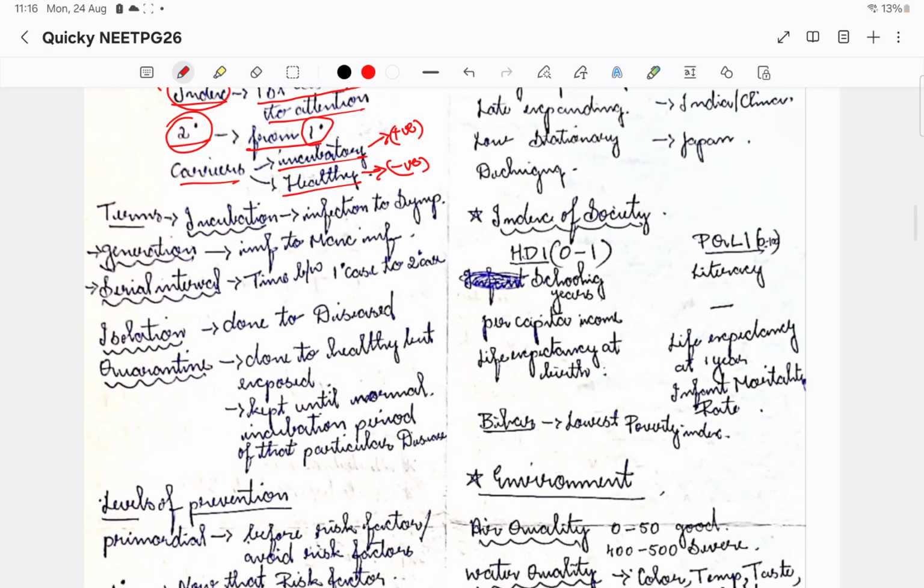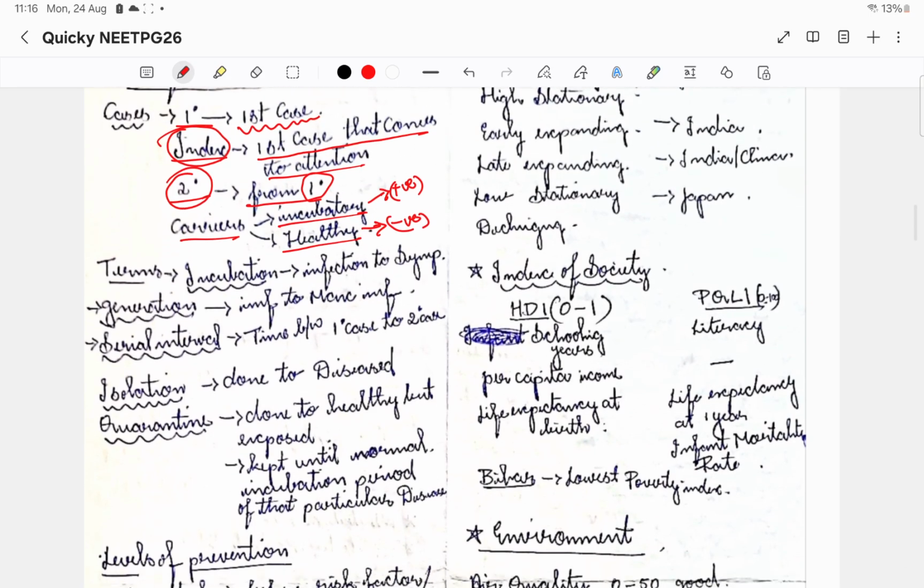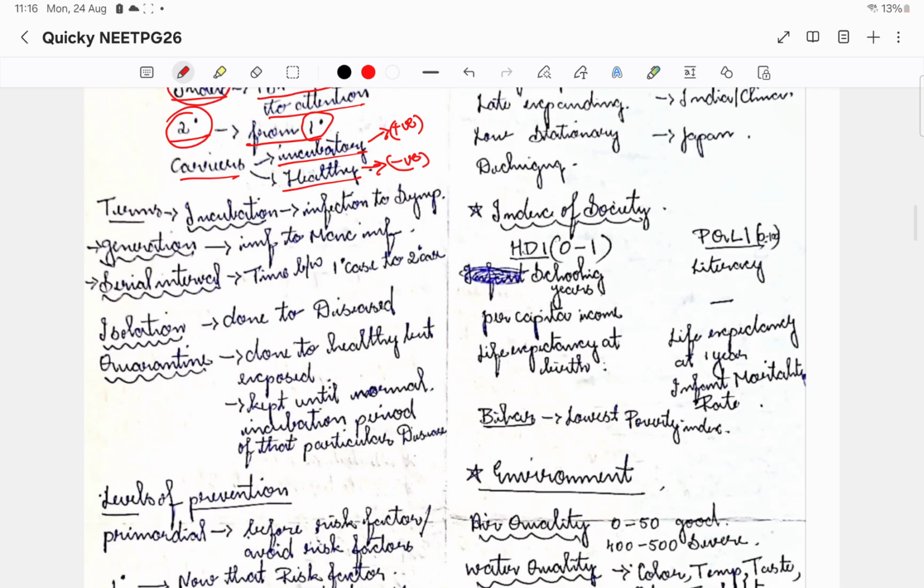Then coming to certain terms with regards to infections, there is incubation period, generation time, serial interval, isolation and quarantine. So I need you guys to remember the difference between these. These are direct questions, previous year questions, okay. So incubation means infection to symptoms, okay.